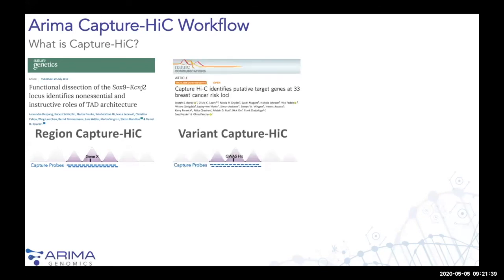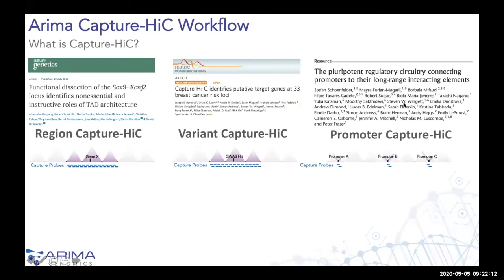There's also been a body of literature that has used Capture-HiC with the concept being there's lots and lots of GWAS studies that have identified variants that are associated with a disease phenotype, and perhaps those causative variants in the non-coding regions are disrupting, let's say, enhancers, and you want to use the Capture-HiC data to link those regions to putative target genes that may be associated with the disease phenotype.